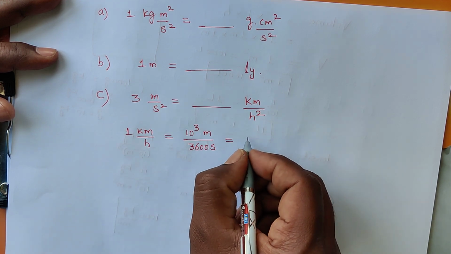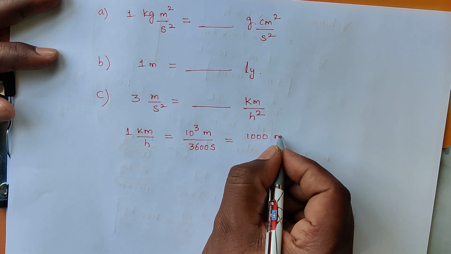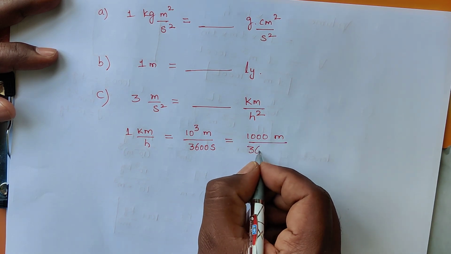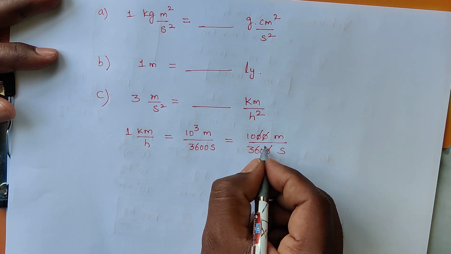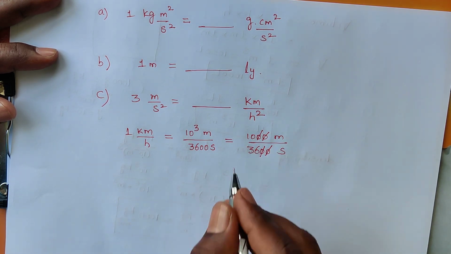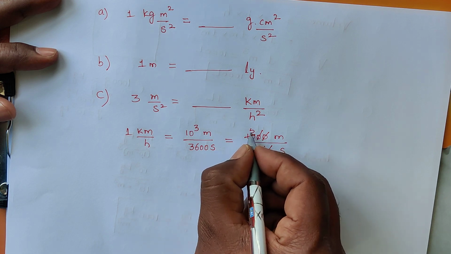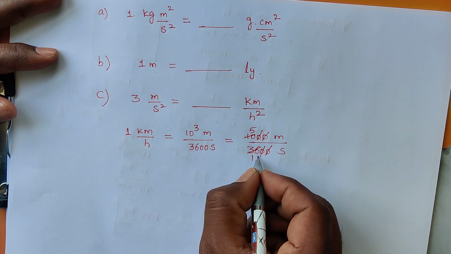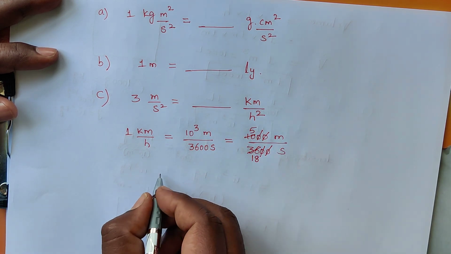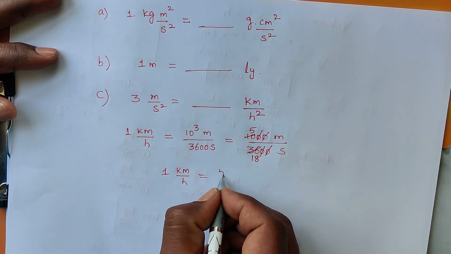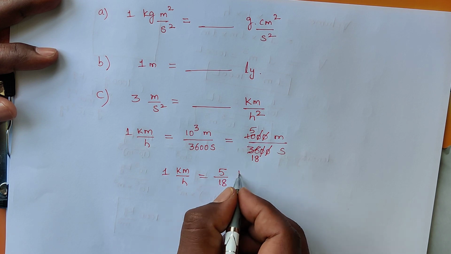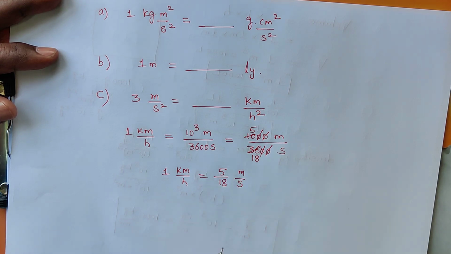That is equal to 1000 meters divided by 3600 seconds. This 0 cancels. This 0 cancels. Now 2 5s are 10, 2 18s are 36. Therefore 1 kilometer per hour equal to, what is the value? 5/18 meter per second.